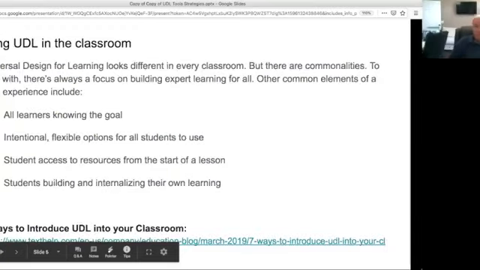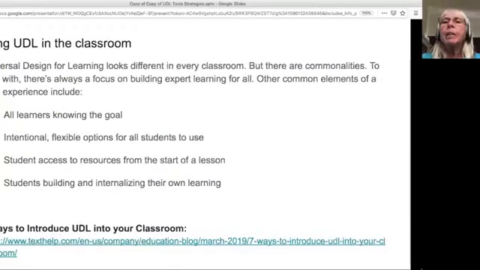So using UDL in the classroom looks different. It depends on where you are. So I taught for a long time in Santa Ana Unified at a couple different schools there. I taught in Westminster High School during the refugee crisis from Southeast Asia.